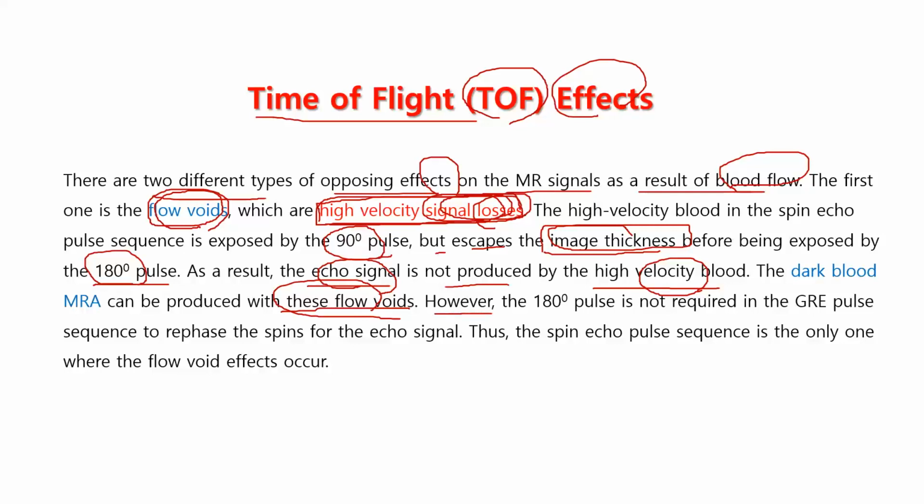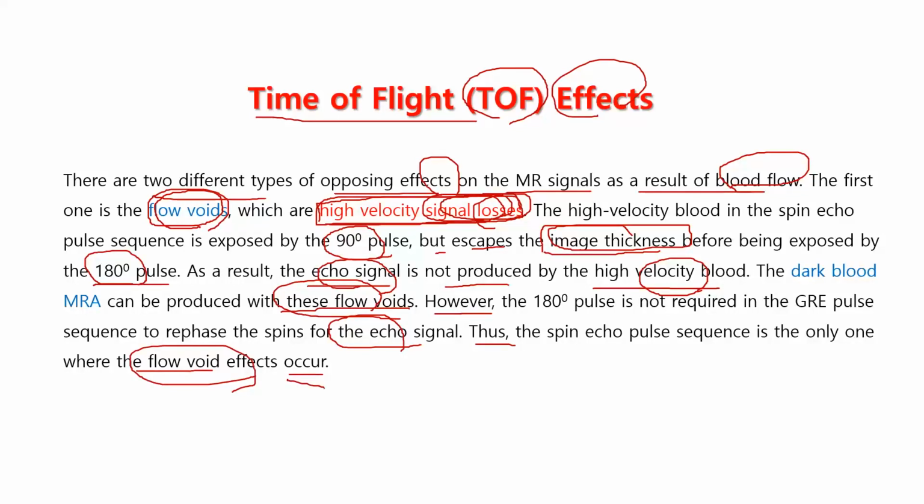However, the 180-degree pulse is not required in the GRE pulse sequence to rephase the spins for the echo signal. Thus, the spin echo pulse sequence is the only one where the flow void effects occur.